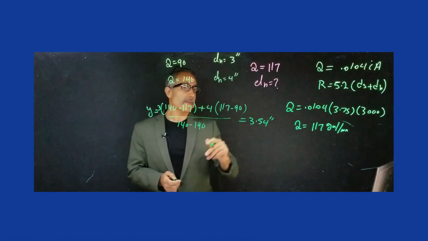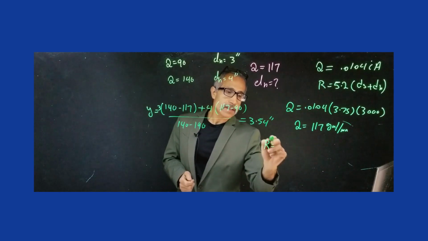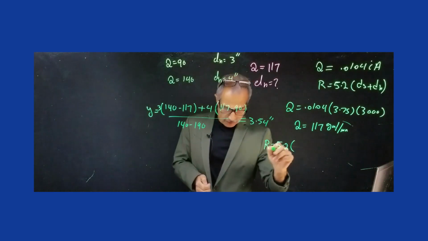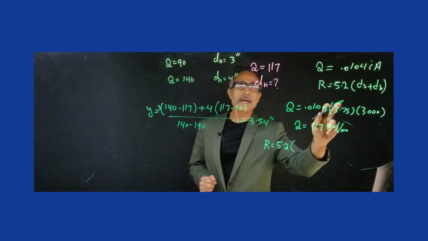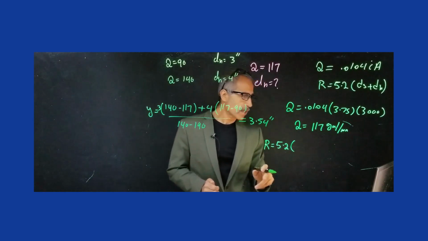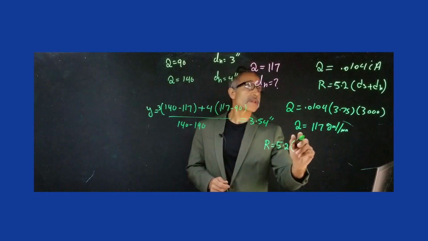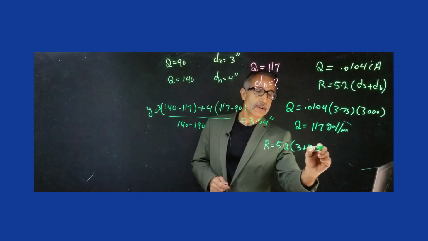So we're going to come back and calculate R. R equals 5.2 times, DS was given as, I've got to go back to the problem here, 3 inches, plus 3.54.